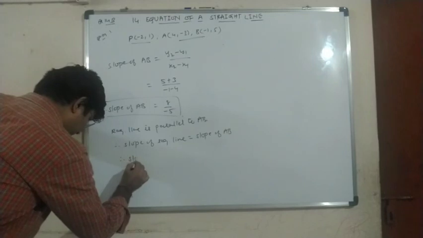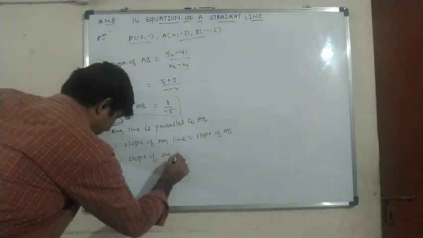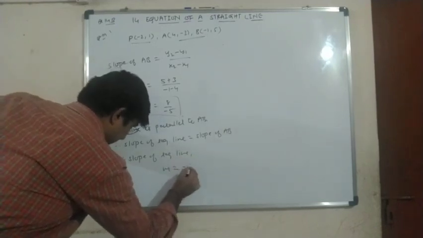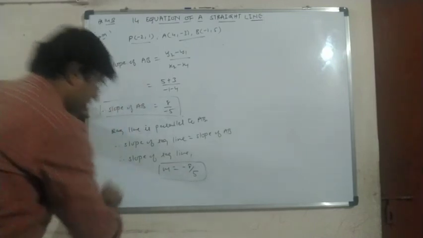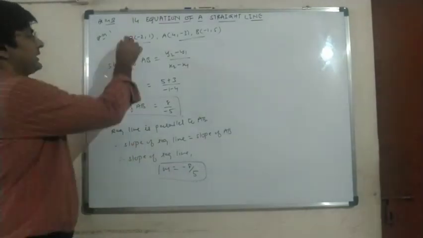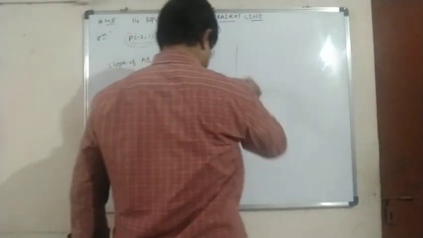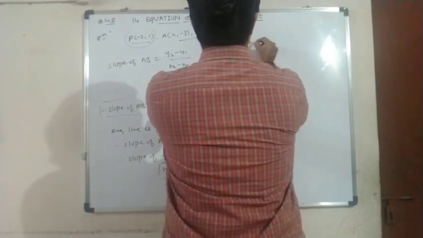Therefore the slope of the required line, or answer line, is minus 8 upon 5. Clear? So we got the slope, and we are given that the line passes through point P (minus 2, 1).